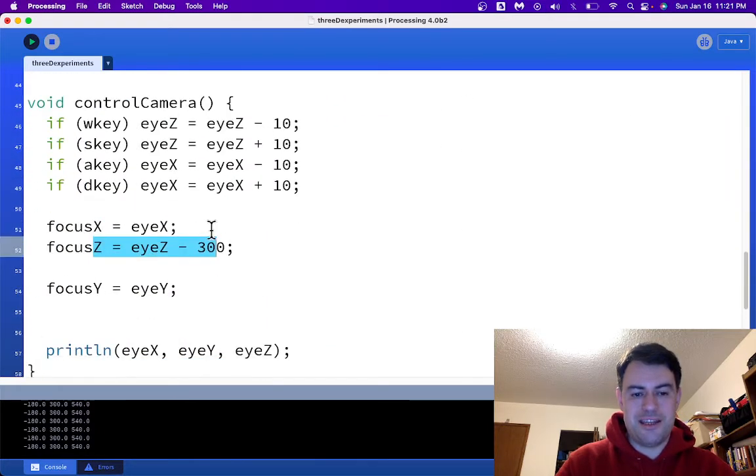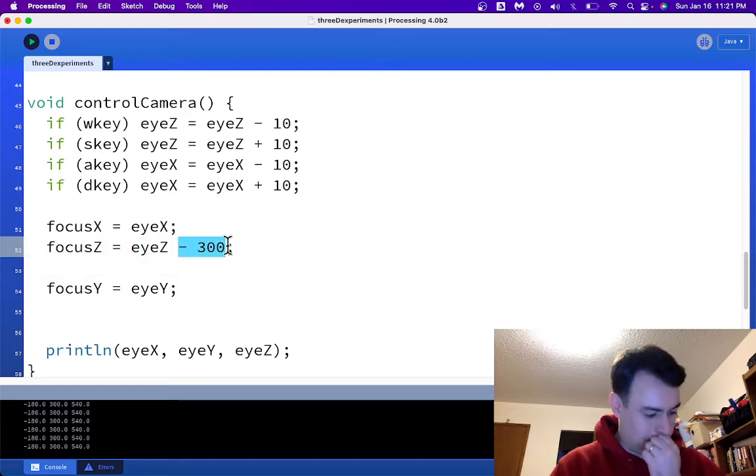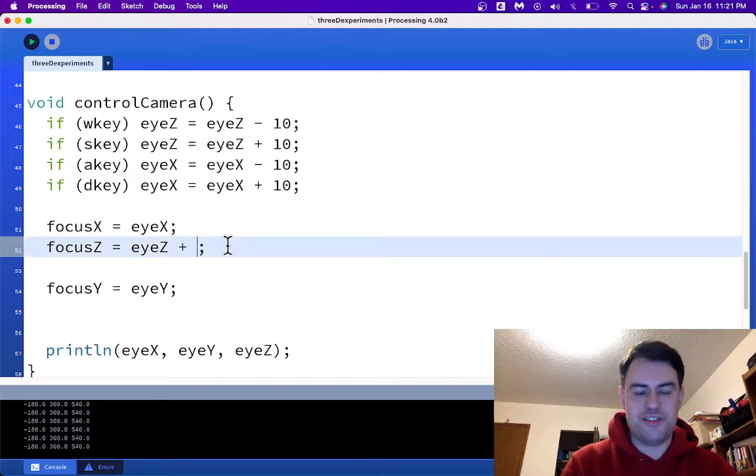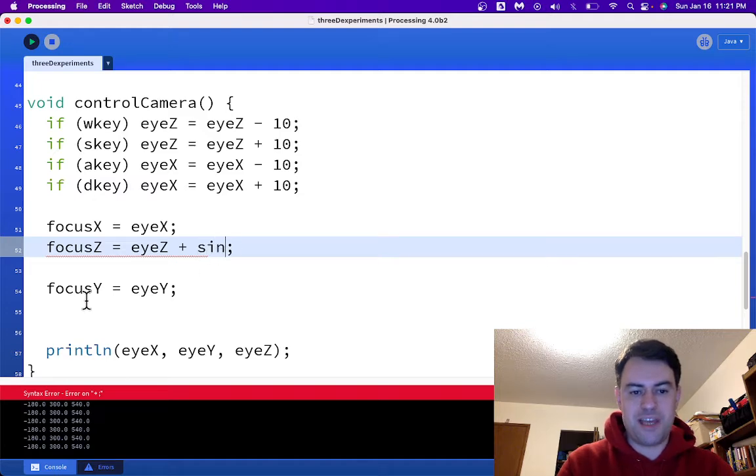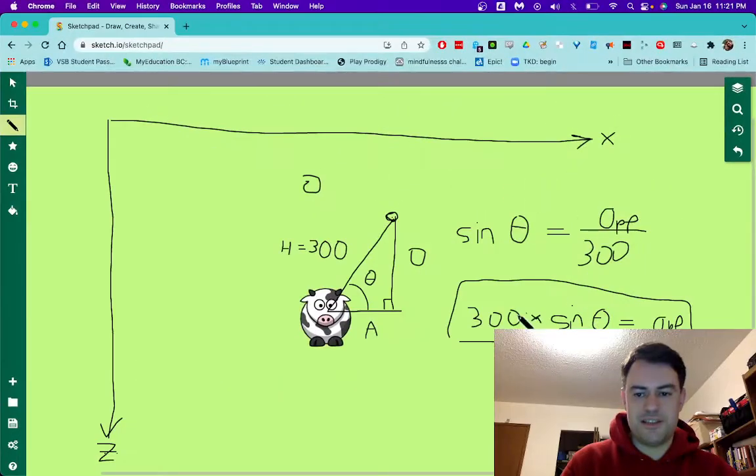So we're going to take, actually, and I think I'm going to just do plus instead of minus, sine of left-right head angle times 300. That's basically just this math here.